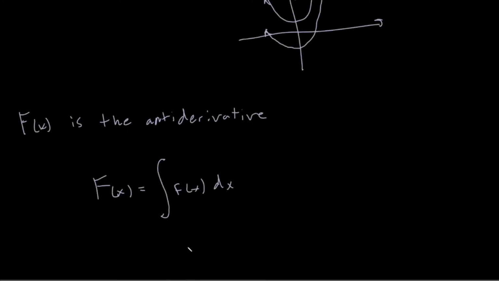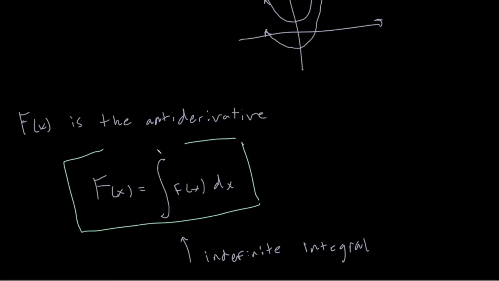This is an indefinite integral. Give me 1 second, y'all. So, the indefinite integral of a function, and this dx means with respect to x, that just means that x is the variable we're talking about. The indefinite integral of a function of x with respect to x is its antiderivative.